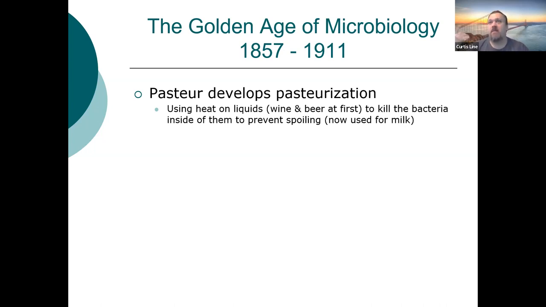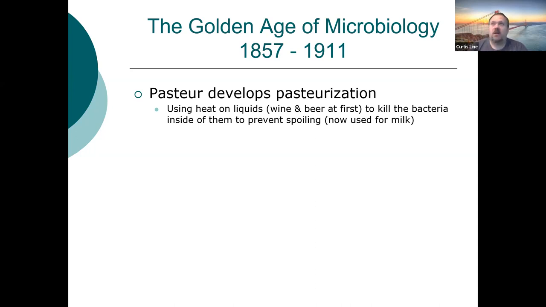Then how about we apply that to milk? And that absolutely revolutionized the dairy industry. I mean, this is one of the reasons why people were able to make so many more people during this time period, the late 1800s, the early 1900s, because milk was a very important food for people, right? But up until that time, you would milk the cow and you would have to drink that milk within a couple hours or it would go bad, right?